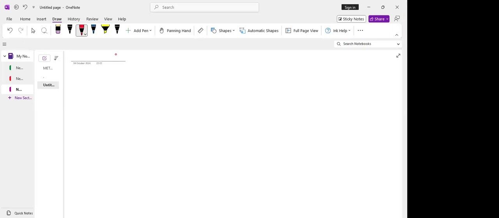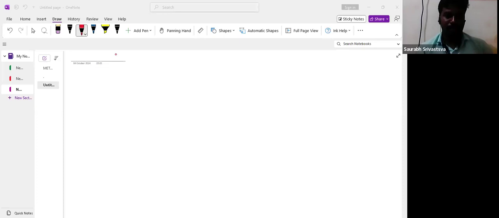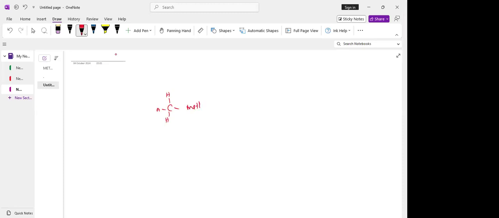Is the screen visible? Okay now. So first carbon, here hydrogen, here hydrogen, here hydrogen. So then what will you say? Methyl. Correct?